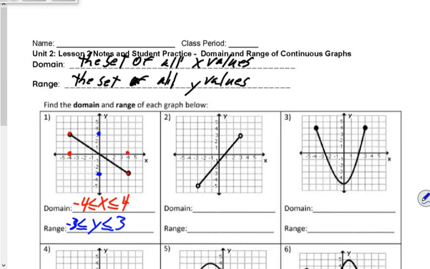All right, go over to number 2. Number 2 is another linear function, but there is another difference here. Notice on number 1, our endpoints were just closed dots, but on number 2, they're actually open circles.